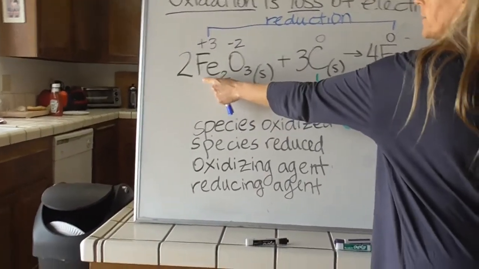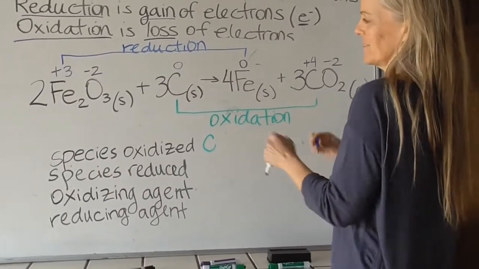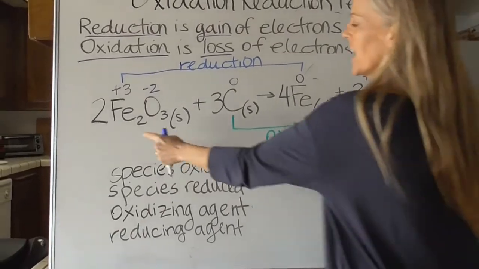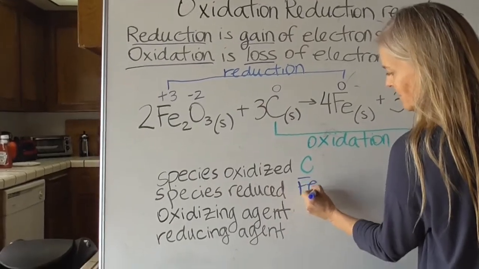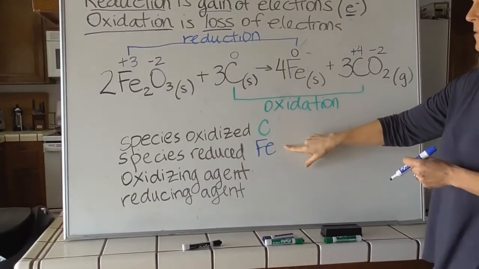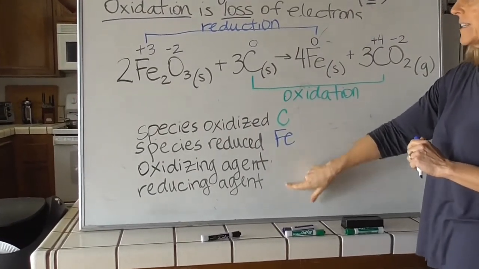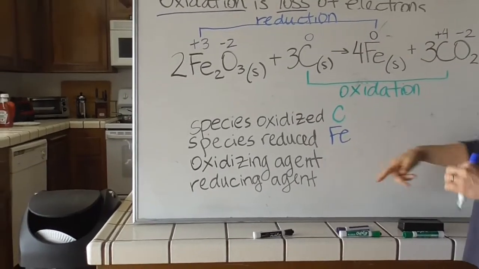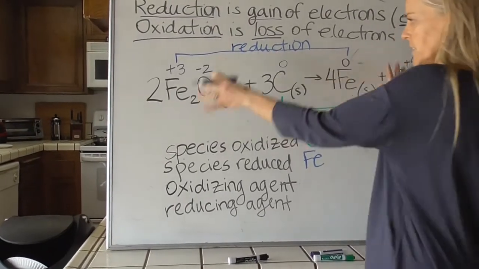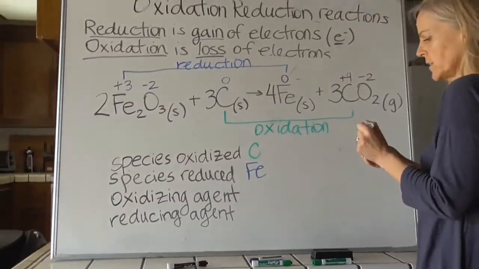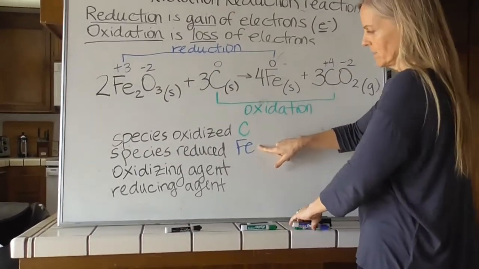It's the iron atom that got reduced. So notice, these two are just atoms that came from this side. The agents themselves are the reactants that were over there. So it's an agent because it's what was in that reaction chamber that caused this process to occur. So remember, the oxidizing agent is related to what was reduced.